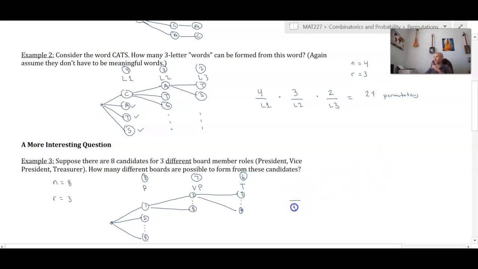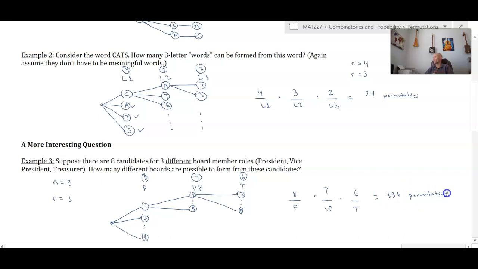In my case, there are 8 people that could fill the president role, 7 people left to fill the vice president role, 6 people left to fill the treasurer role. 8 times 7 is 56. 56 times 6 is 336 permutations.